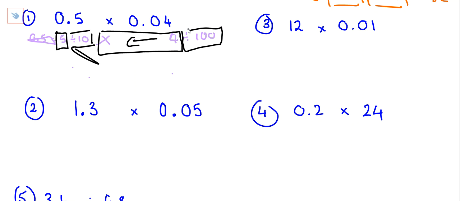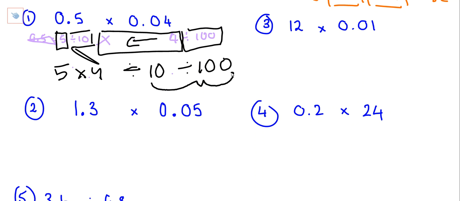So then what you would do is move this to make it 5 times 4 divided by 10 divided by 100. But you can merge these two together, which equals 1,000. And then you could do 5 times 4, which equals 20, divided by 1,000, which equals 0.02.